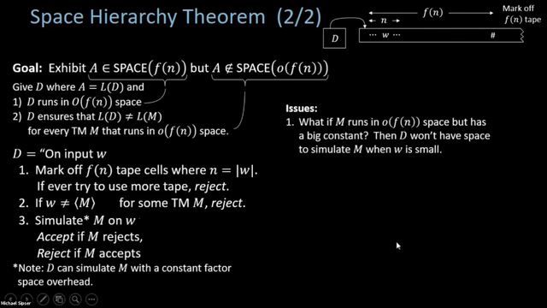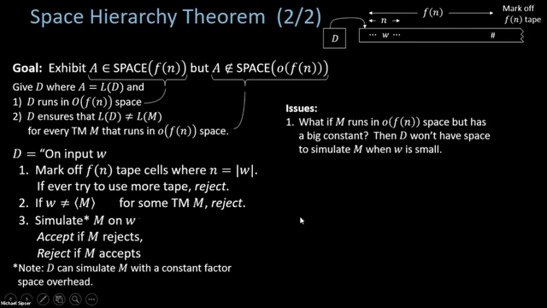So here is sort of a question. I think this is related to one of the ones that got asked. What happens if it runs in little o of F of N space? Remember, what we're trying to do is be different from every small space, little o of F of N space machine. So what if M runs in little o of F of N space, but has a big constant?